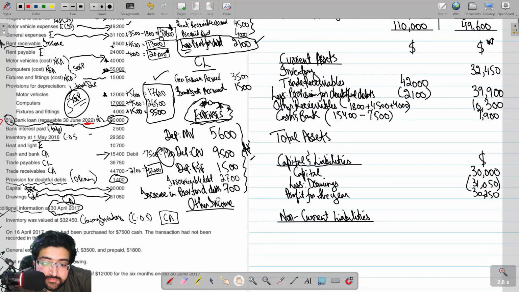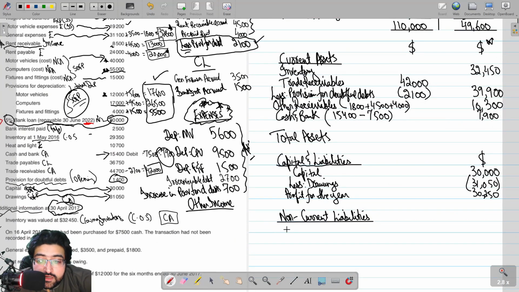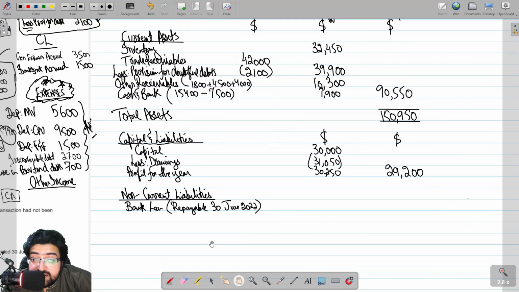So I will write here bank loan. Also write when it's repayable. Repayable 30 June 2022. And then the amount of the loan, which is 80,000, not the interest but the actual amount of loan. We have just one non-current liability. I can simply use the totals column.